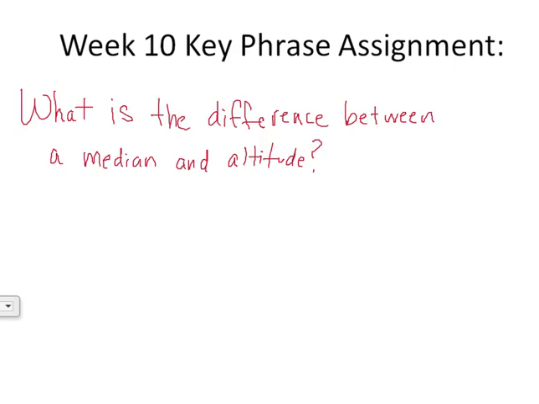We learned that those 3 segments will intersect inside or maybe outside of a triangle, and we learned what those specific intersections were called. But for this key phrase assignment, I want you to just focus on 2 of the segments that we learned about, medians and altitudes, and tell me the difference between each of those. Tell me the difference between a median and an altitude.